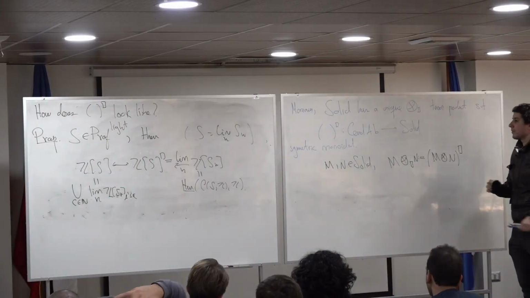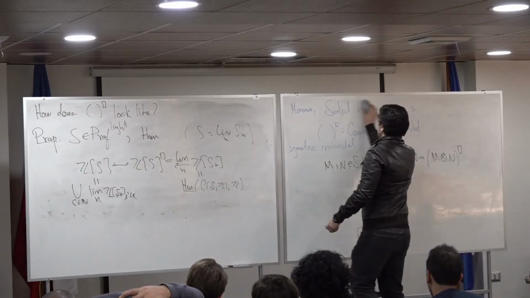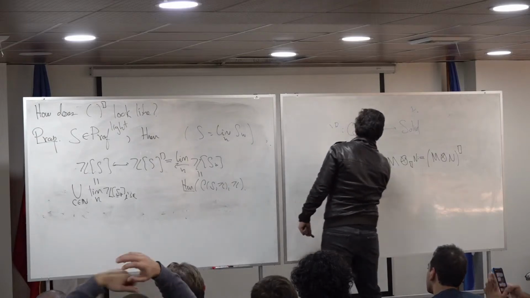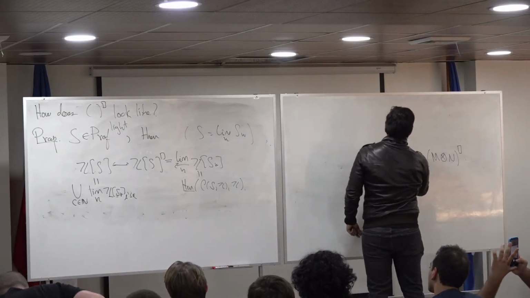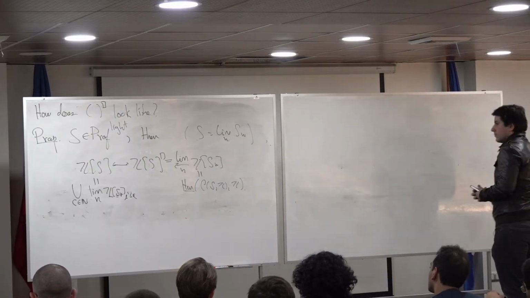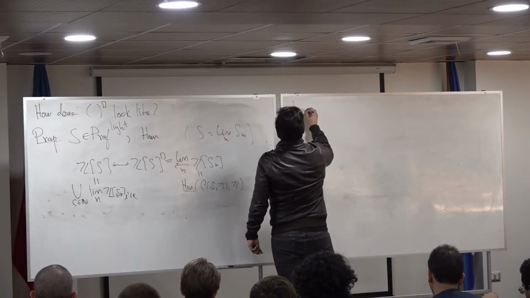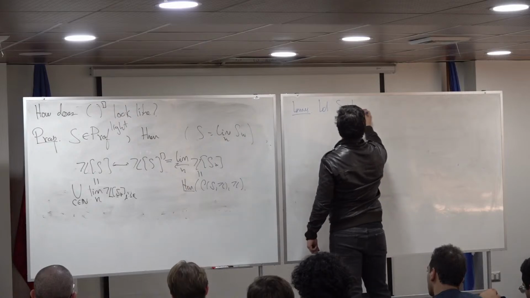Right. So let me maybe just state a lemma saying that actually this category of solid abelian groups is in some sense quite simple. Lemma: let S be a profinite set.